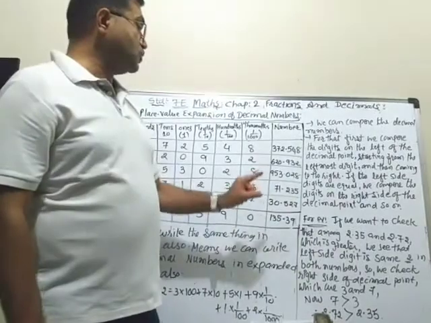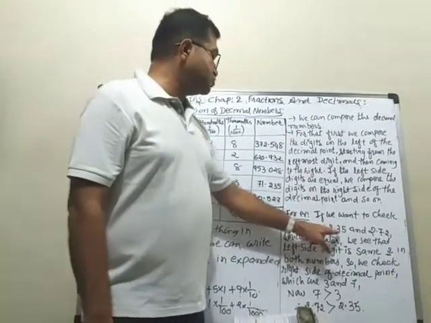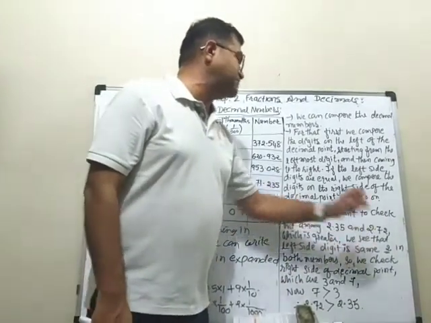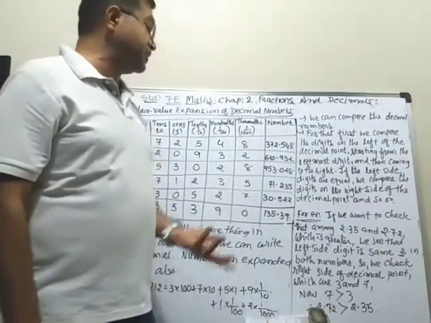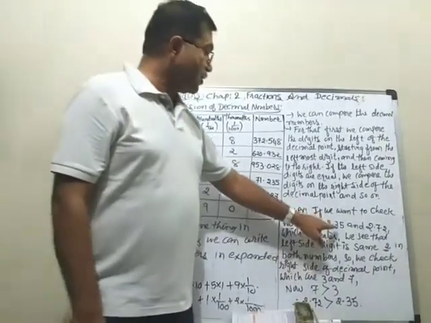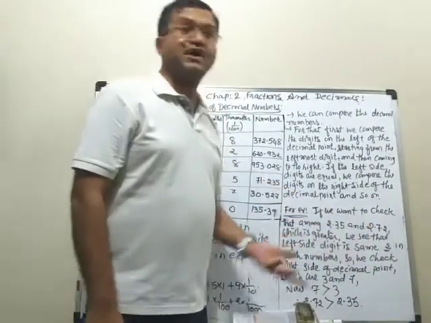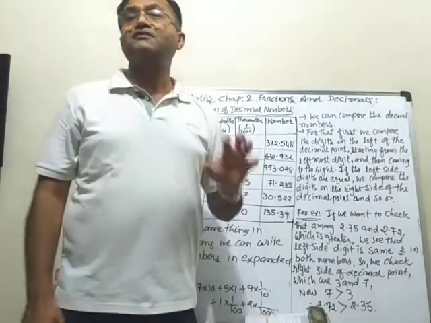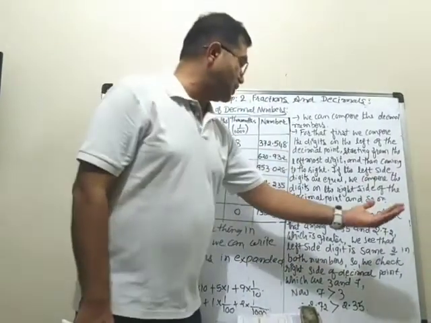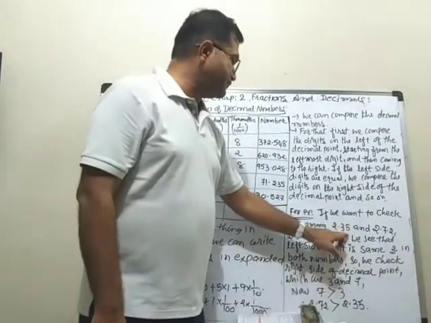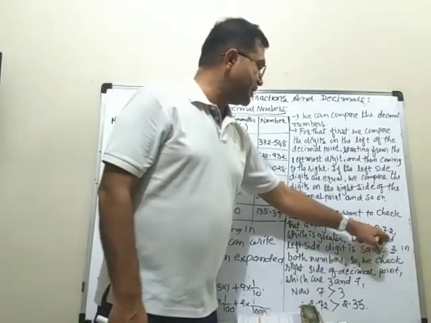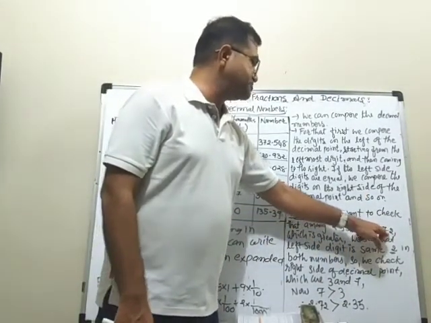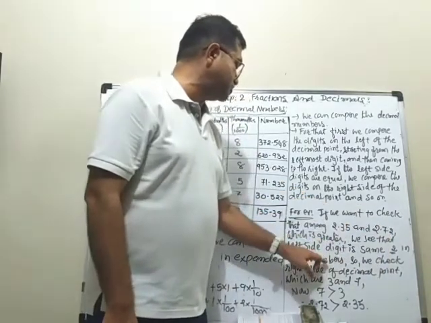Suppose we want to check that among 2.35 and 2.72, which is greater. So now here on the left side 2 is there. So we can't compare only with that. So we have to move to the right side. So right side first digit is 3 here, and then in the second number it is 7. We know that 7 is greater than 3.